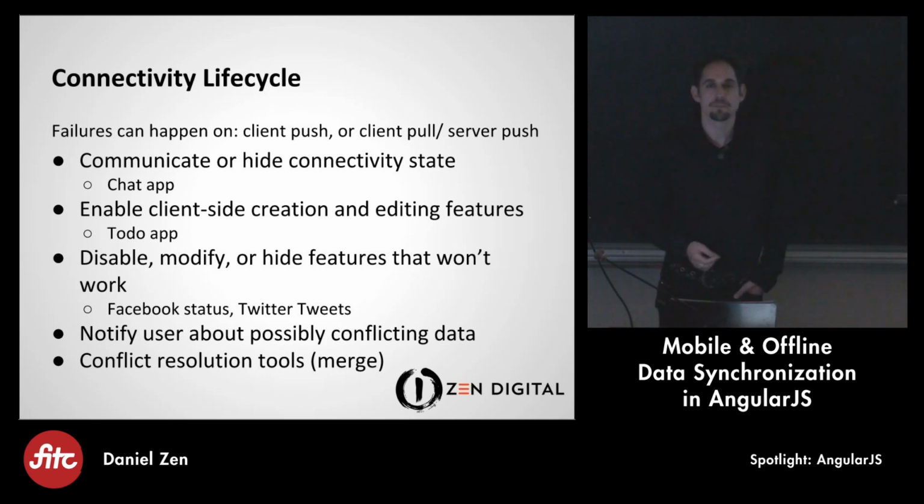The Facebook app, the latest version, still will show you some of your feed when you're offline, but it won't let you post a status while you're offline. You're not allowed to tweet from the Twitter app when you're offline. You want to notify users about possible conflicting data, once again, and you're going to need some sort of conflict resolution tools or merge capabilities in the long run. So these are things that we're all going to need to be thinking about to create our offline applications.